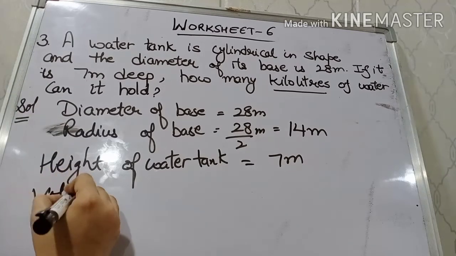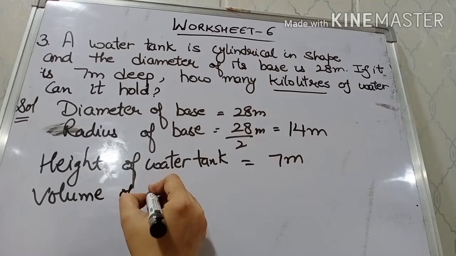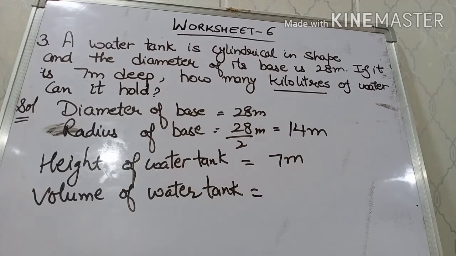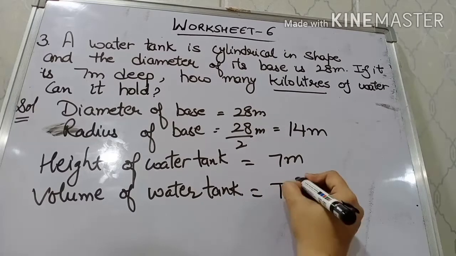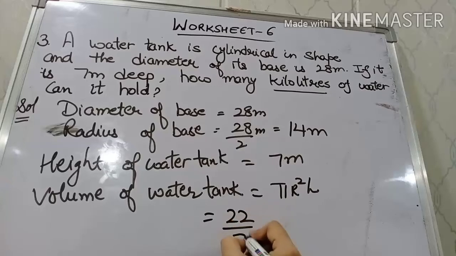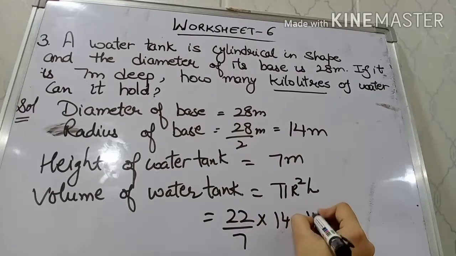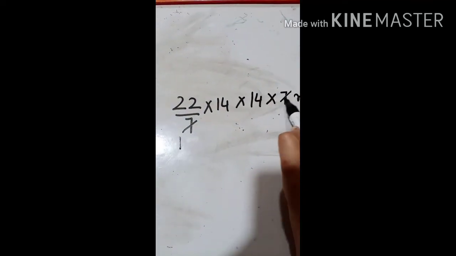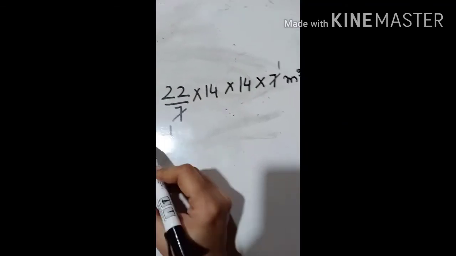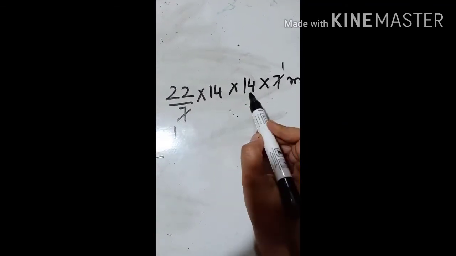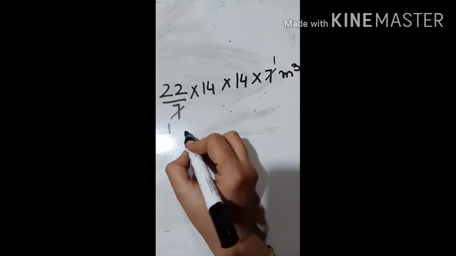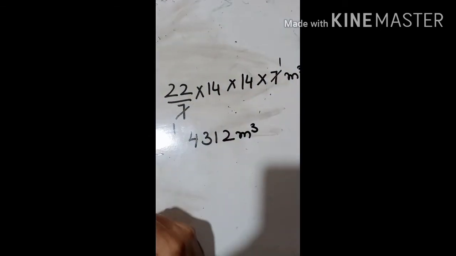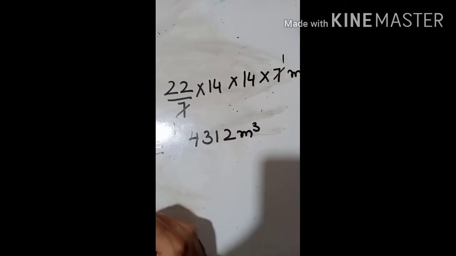Now volume. First of all we find the volume of water tank. That is equal to pi r square h, means 22 by 7 multiply 14 into 14 into 7 meter. 7 ones are 7. We divide it. Now we have to just multiply the three numbers, 22 into 14 into 14. When we multiply it, we are getting 4,312 meter cube. Now they ask how many kiloliters of water?